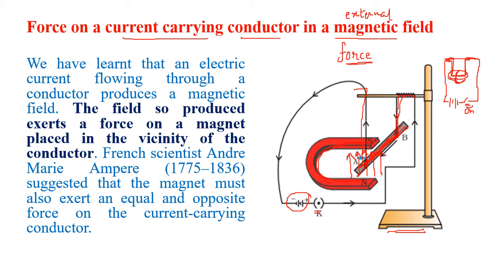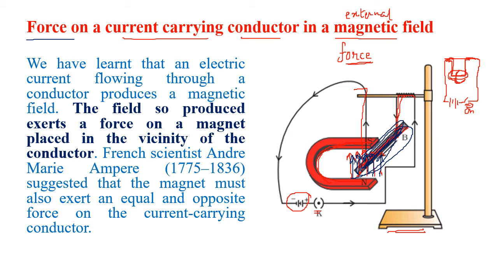Now when I turn on the switch, current is passing through the copper wire here, which generates a magnetic field of its own. So the magnetic field of this permanent magnet and the magnetic field of this electromagnet, the blue is the electromagnet, the red is the permanent magnet, both magnetic fields will either repel or attract each other and generate a force.